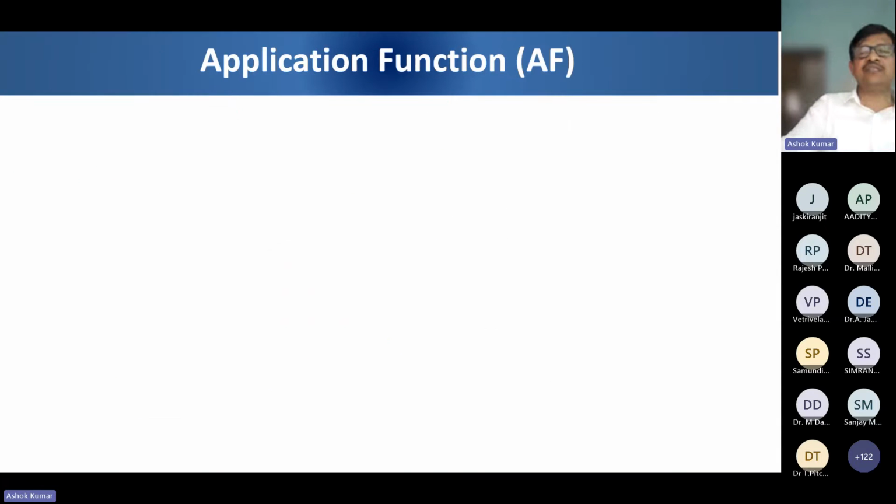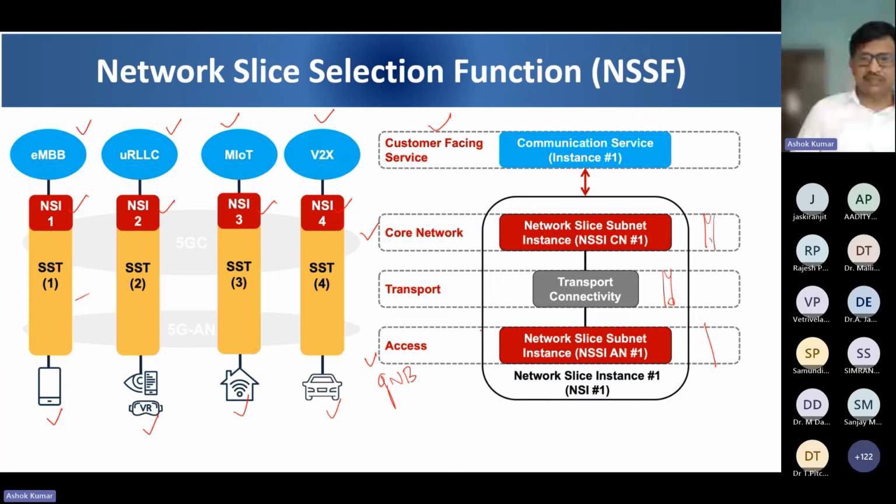Just for your information, the lab which is being supplied to you can support up to 3 slices. If you look at the tender document, it will support core network slices. You can configure up to 3 slices, and you can change those slices over a period of time.